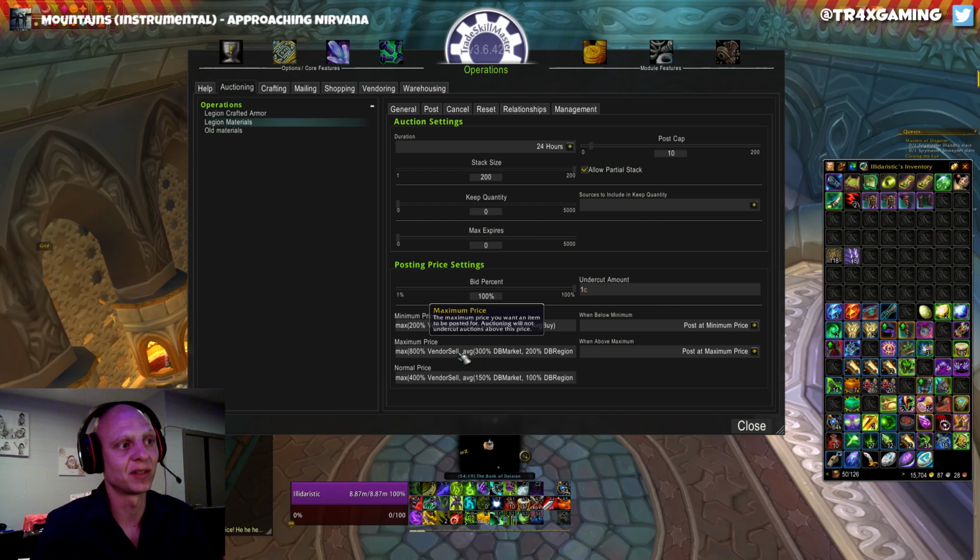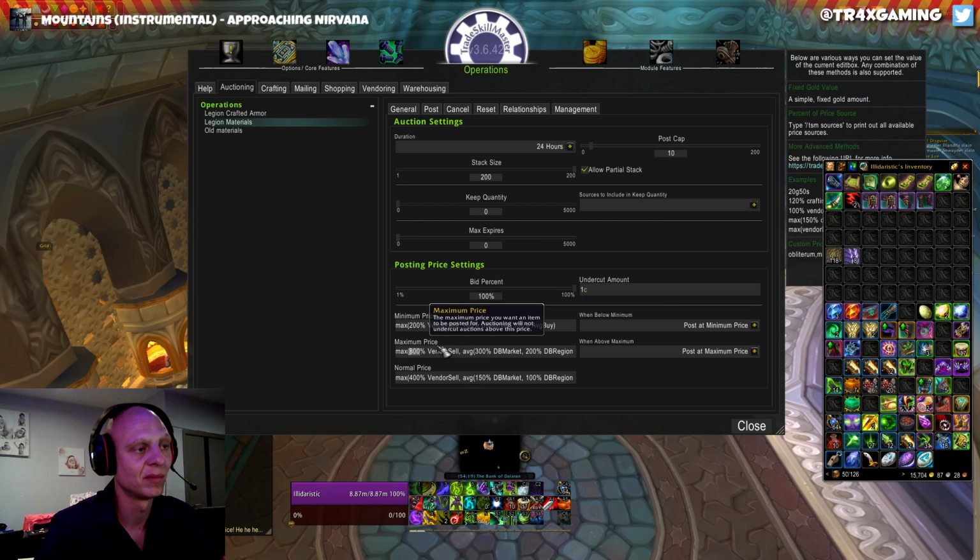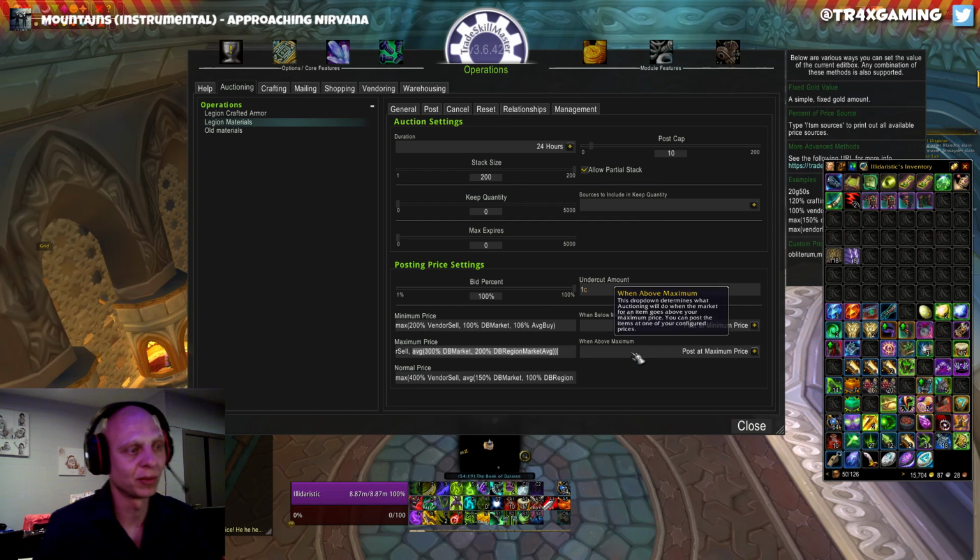You can leave the vendor sell, you can put it out on this one, or you could lower this a little bit, and you're going to do the same for all the other groups. So right now we only have vendor sell on the highest one. This is actually the highest one.